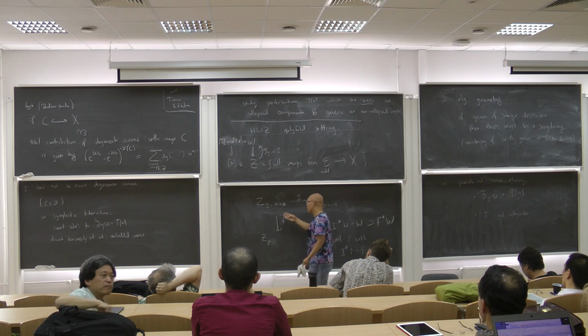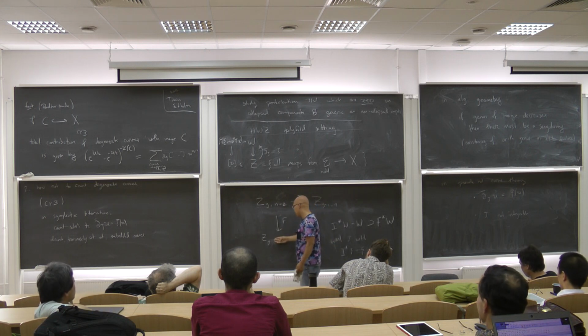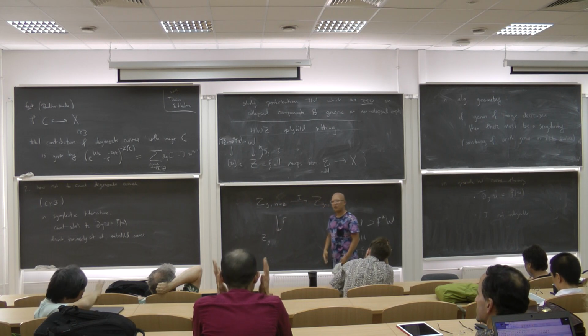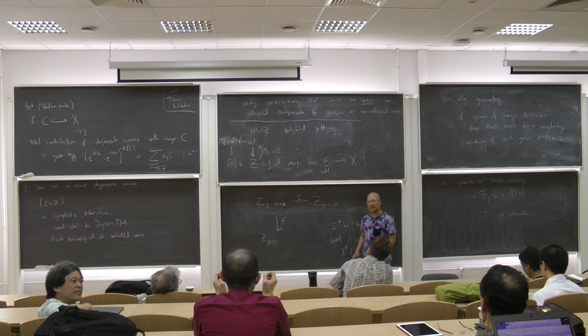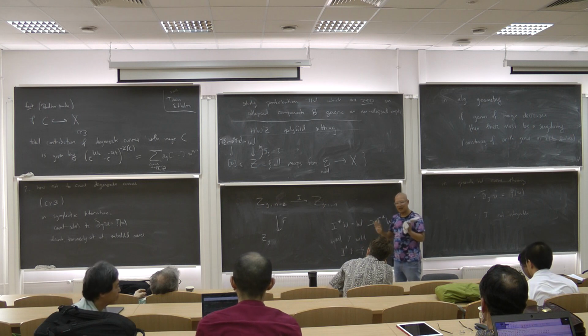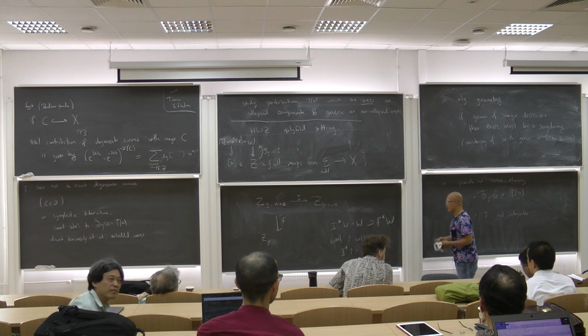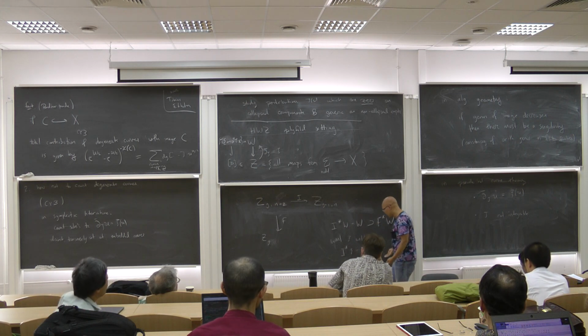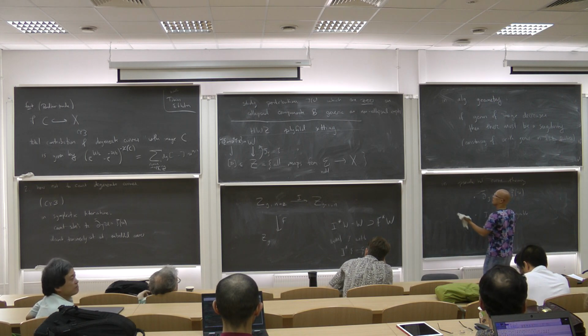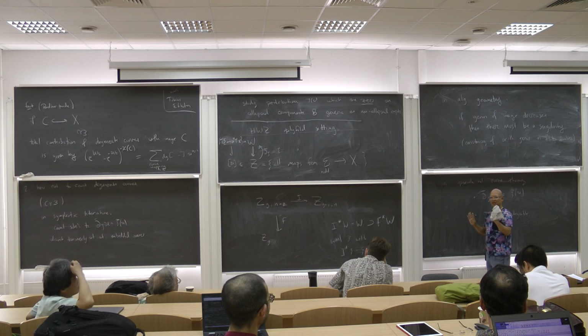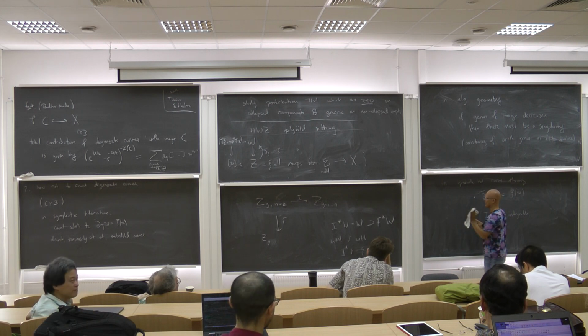No, but I only use F when it's defined, because I want the perturbation to be compatible with this pullback. Only on a subset. Yes, but those guys give you a way of extending it. I agree. Just when this map is defined, I demand this compatibility. Is it okay? Okay.